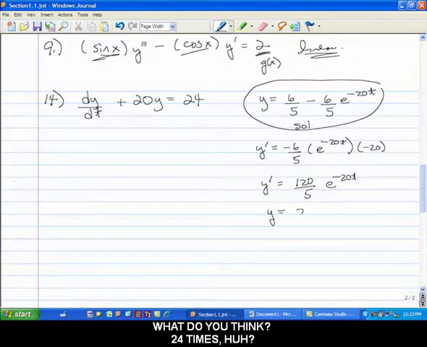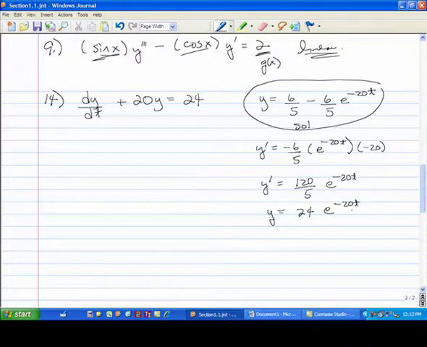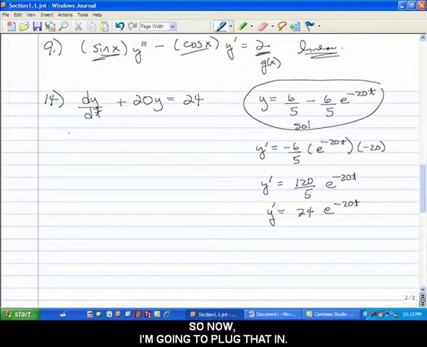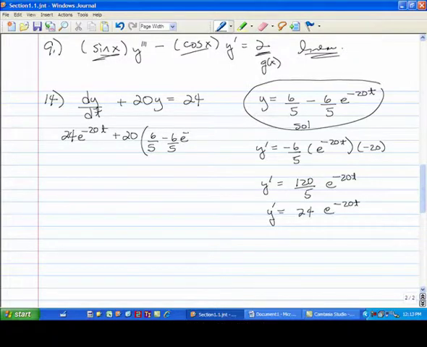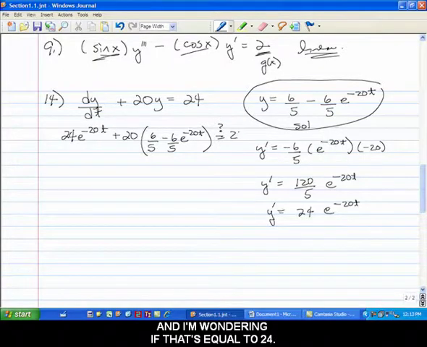What do you think? 24 times, huh? And that's the first derivative. So now I'm going to plug that in. So I have a 24 plus 20 times y, and y was 6/5. And I'm wondering if that's equal to 24.